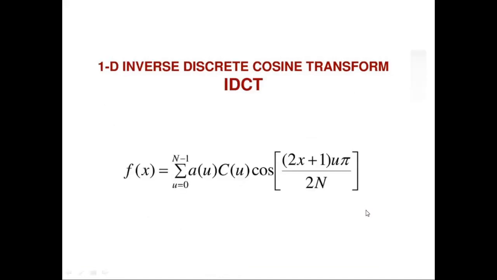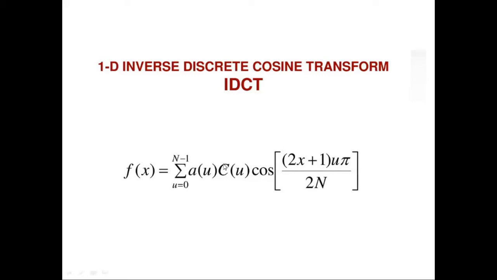For every transform, there exists the inverse transform. Similarly, we have IDCT, the inverse discrete cosine transform, and here from the computed DCT values, that is C of u, we multiply by the inverse kernel. What is the inverse kernel in this case? It is cos of (2x plus 1) u pi by 2N. The inverse kernel is the same as the forward kernel because cosine is a real function.